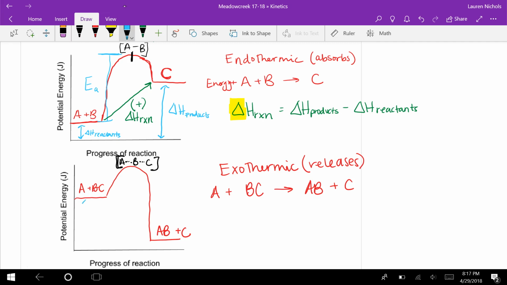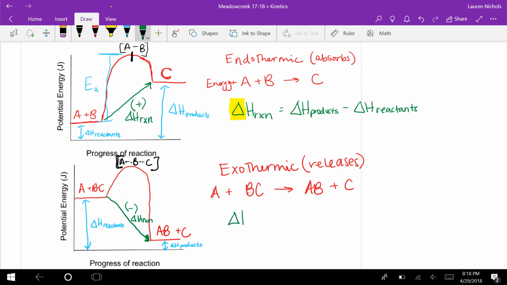And so here we can see that our delta H of our reactants is much higher than it was for an endothermic reaction, whereas our delta H of our products is much smaller. And so what that shows us is that if we were to look at our delta H of our reaction, we see that this is negative, right? And that's delta H of our reaction.